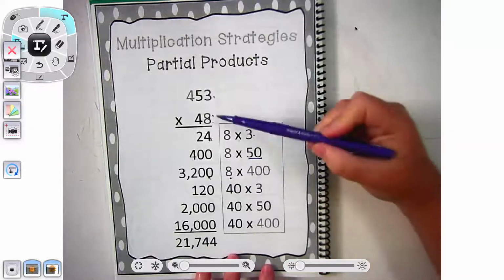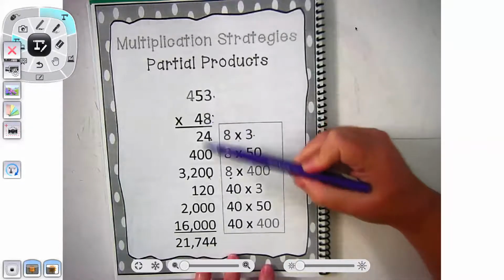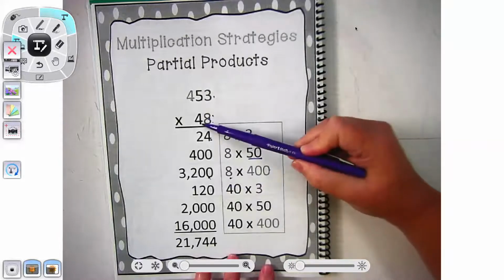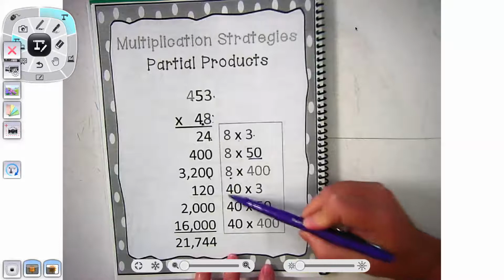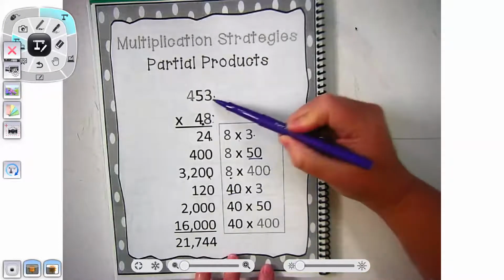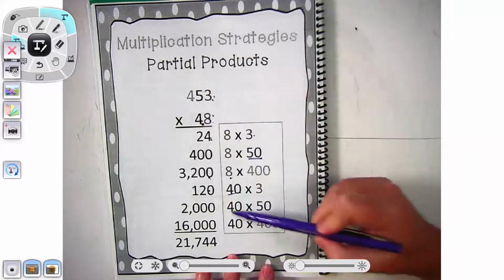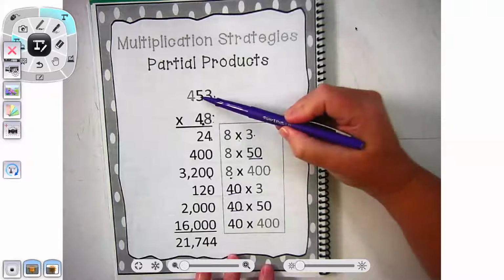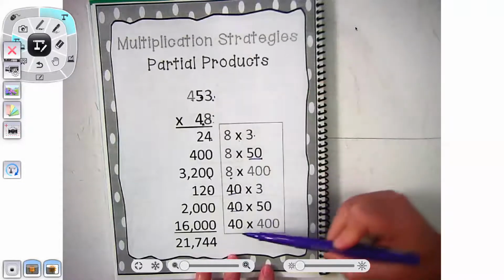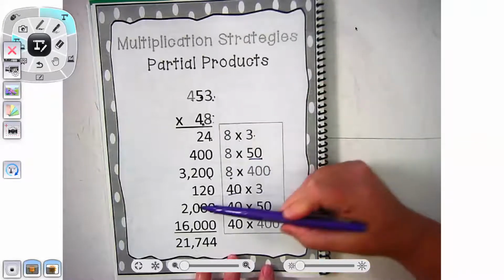Then they went to the tens place. Sorry, guys. So they took 40 because that's what 4 tens stands for, is 40. So then they took 40 times 3 ones, and they got 120. Then they took 40 times 50 because there's 5 tens, and they got 2,000.